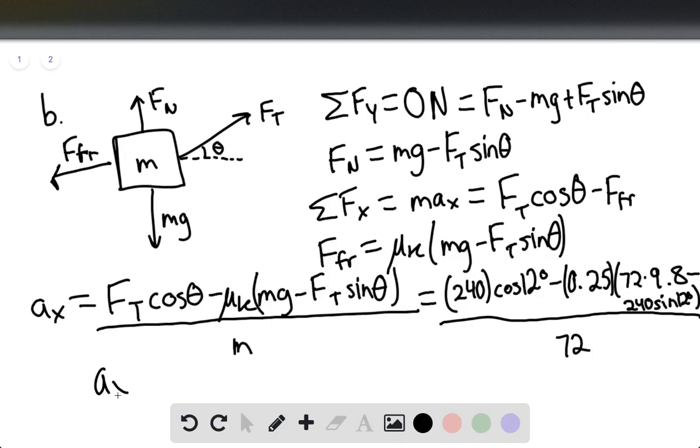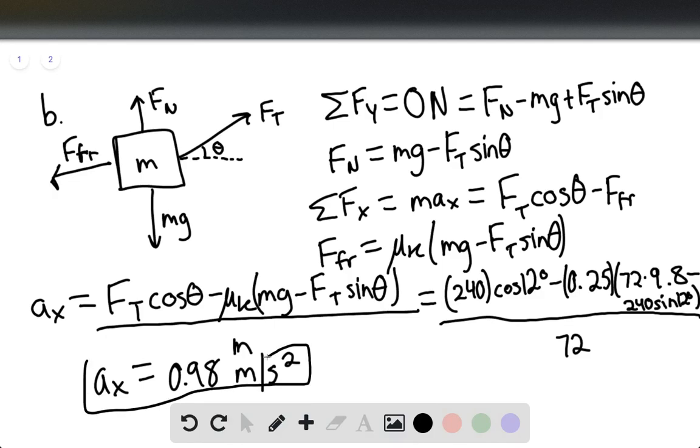And we have that the acceleration in the x direction is going to be 0.98 meters per second squared. So this will be our final answer.